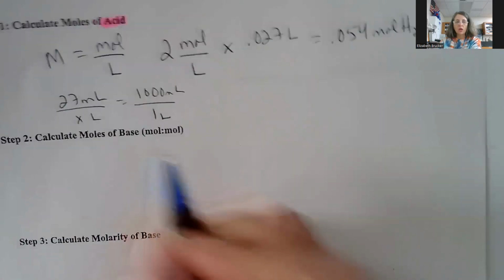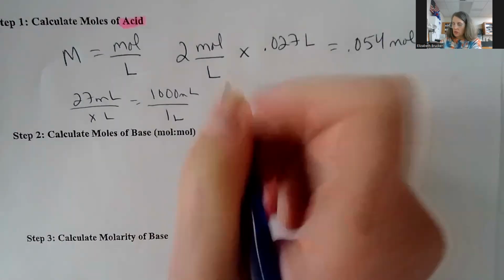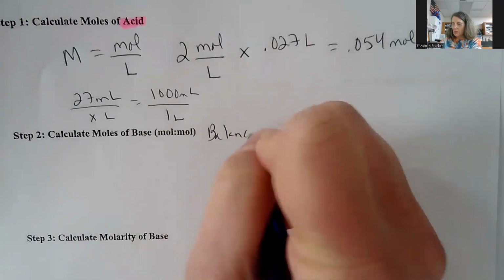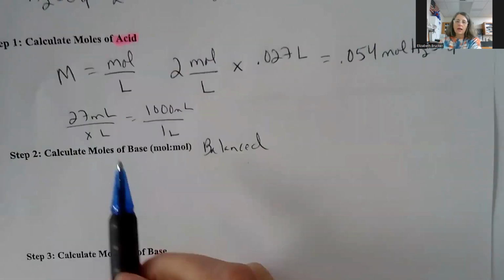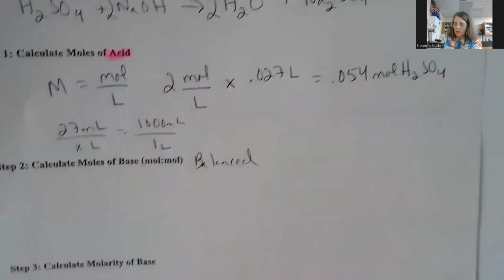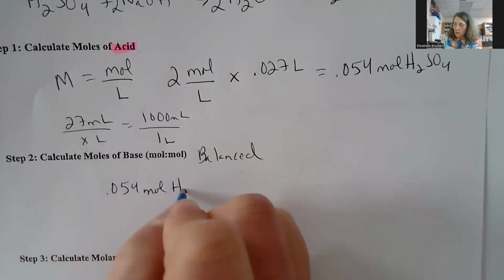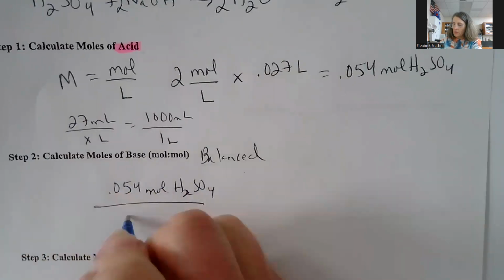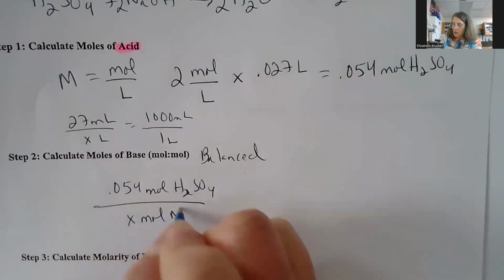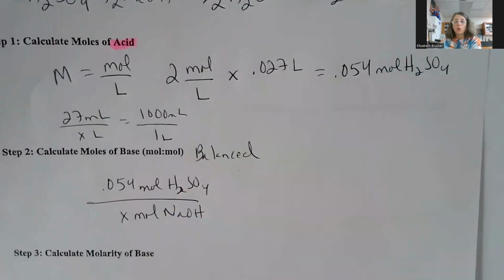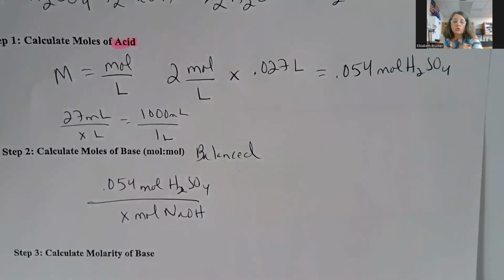The second step will always be what we call a mole-to-mole relationship, and this is coming from the balanced chemical equation. So I could take the moles of H2SO4, so 0.054 moles of H2SO4, and I want to know how many moles of the sodium hydroxide I need, or I used essentially, to neutralize it. Okay, so I have to go to my balanced equation.